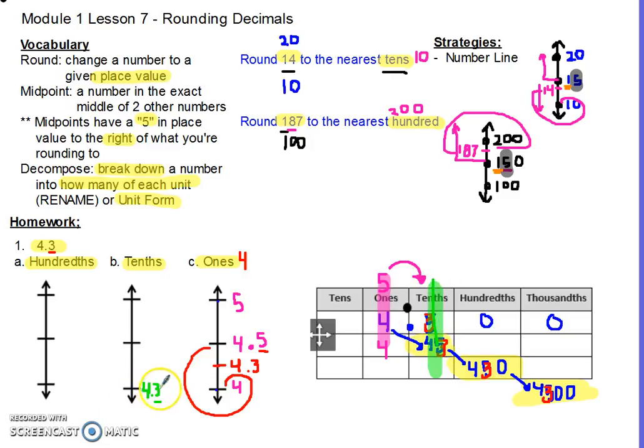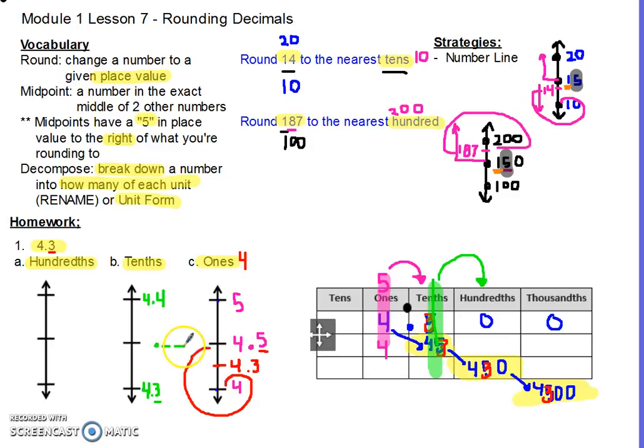And we always just add 1 to there, so we have 4.4. Now we get to our midpoint, and we know that our midpoint is going to have a 5 in the column to the right, and the column to the right is hundredths, and so I'm going to place my hundredths here.